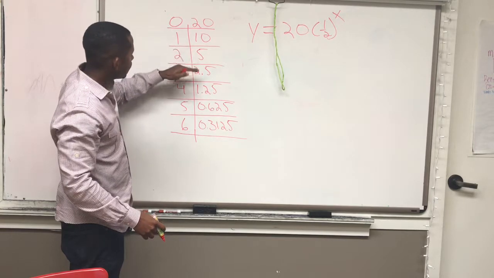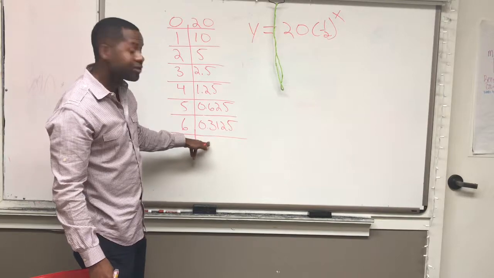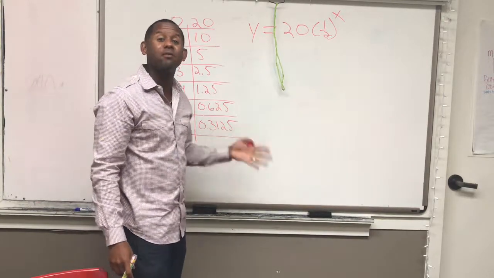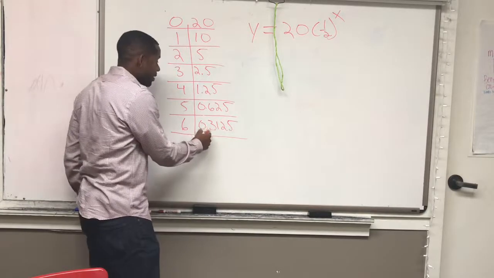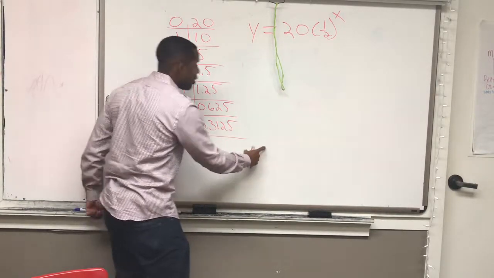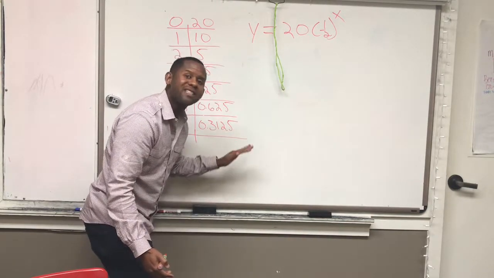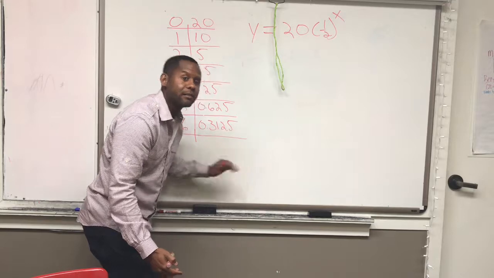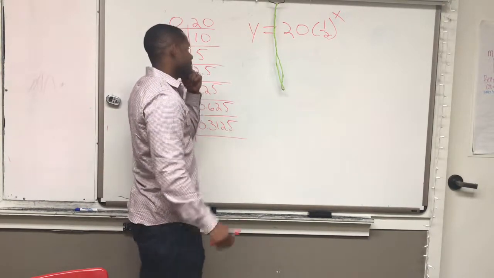The number is getting smaller and smaller, closer and closer to 0. But is it ever going to hit 0? The answer is no. I can always continue to cut this number in half, and it's going to be a smaller and smaller number, closer and closer to 0, but it's never, ever going to hit 0. That is why you have what's called an asymptote, okay?